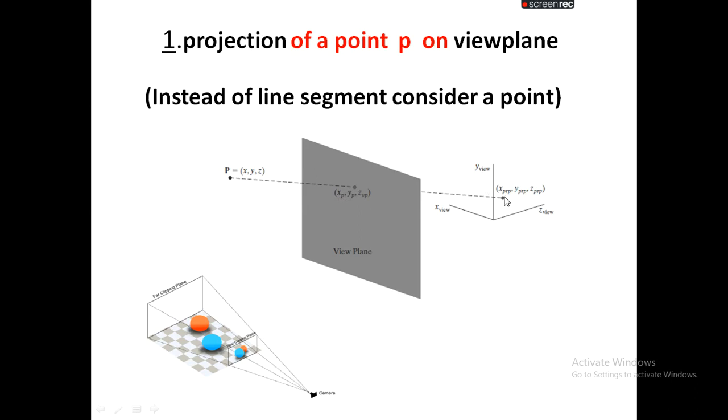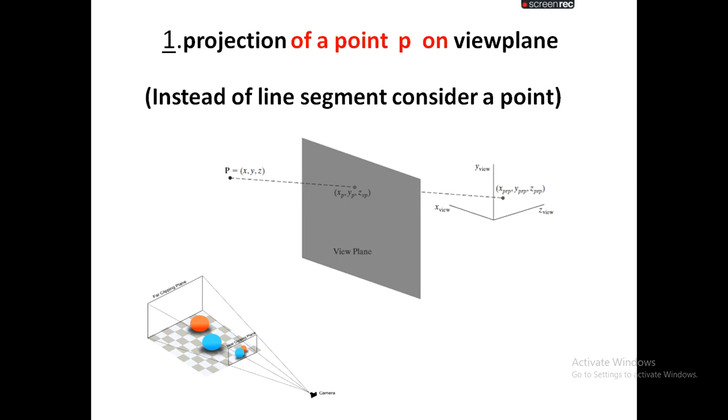And here we have a projection reference point. So we are considering three things here. Assume that one point P is present in space and its coordinates are x comma y comma z, and we have one projection reference point, that is called the camera position, with its own coordinates. From this projection reference point, we are viewing one point that is present in space.